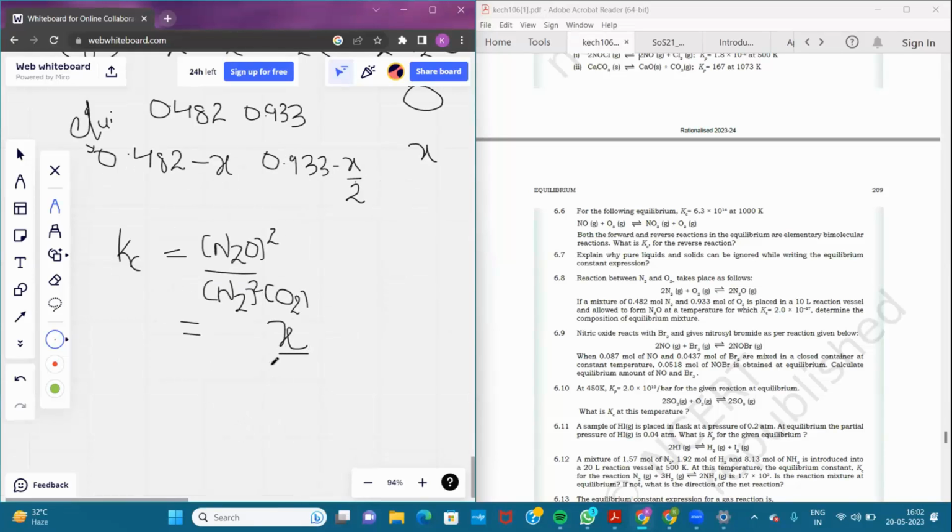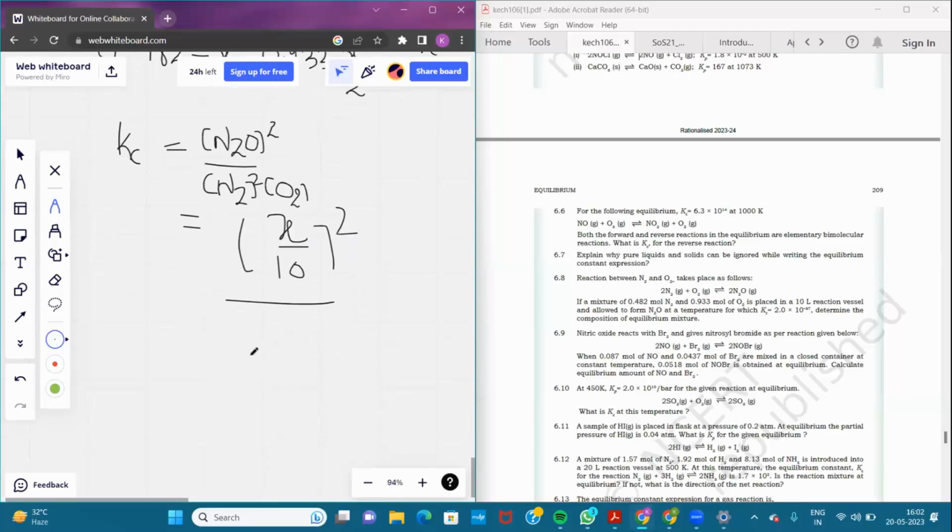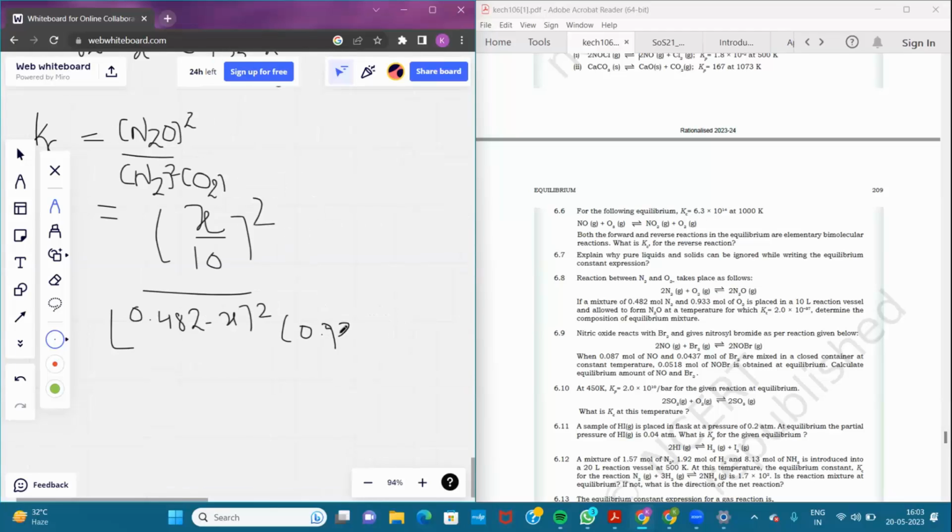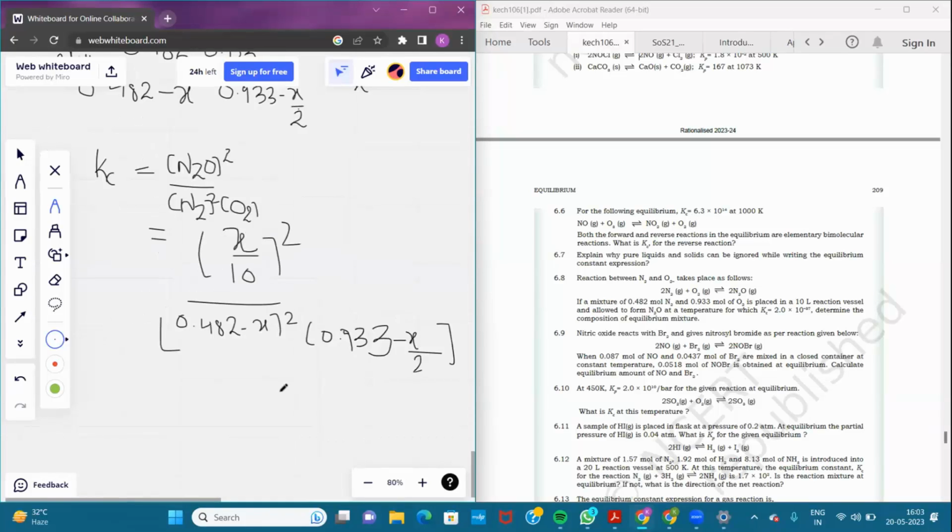This is concentration, so we'll write number of moles by volume, whole square, by 0.482 minus x whole square, 0.933 minus x by 2.